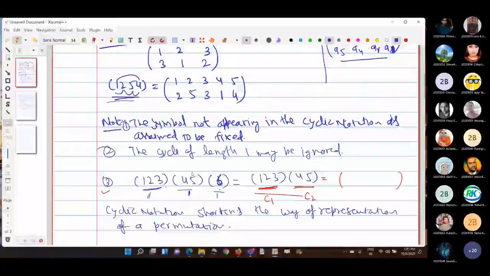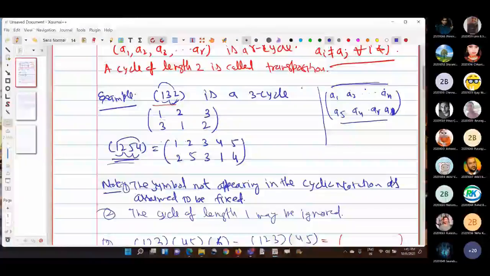you have started with 1, then 1 goes to 2, 2 goes to 5, 5 goes to 4, 4 goes to 1, finally you are ending. So in our case, for example, a1 was 1, then it was going to a2, that is 2, then to 5, and then 5 goes to 4, 4 goes to 1.